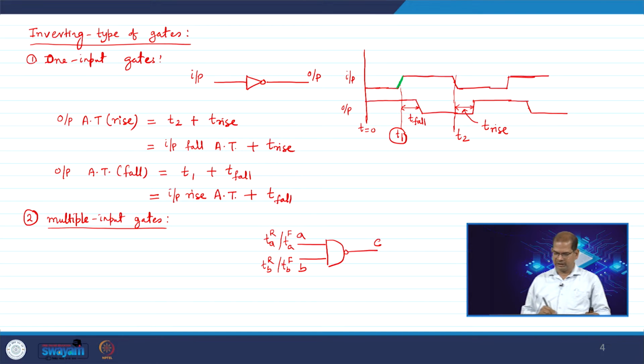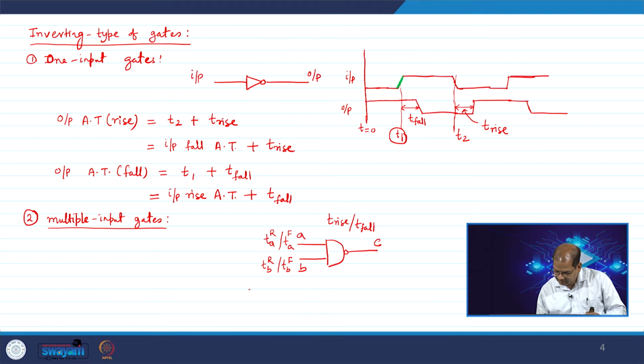So, this is the input arrival time. Now, I have T rise and T fall. So, at the input I have 2 arrival times for rise. Let us say I am considering the rise.